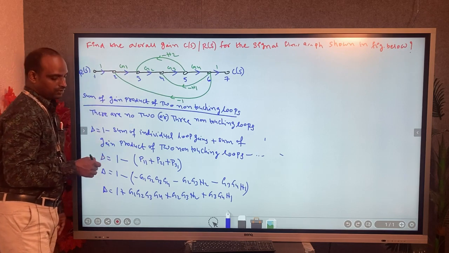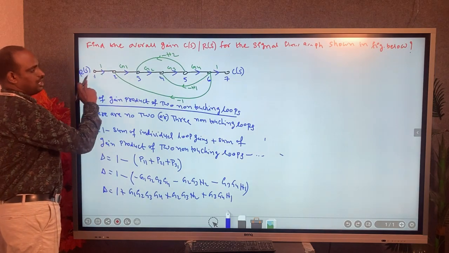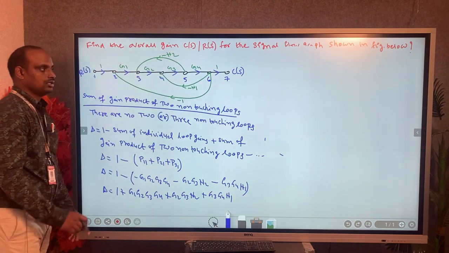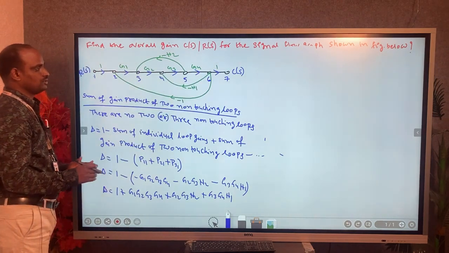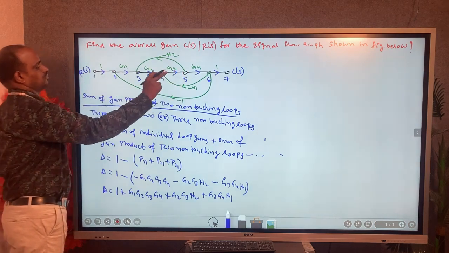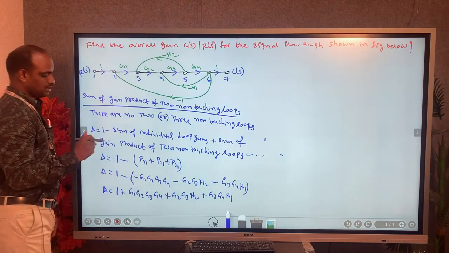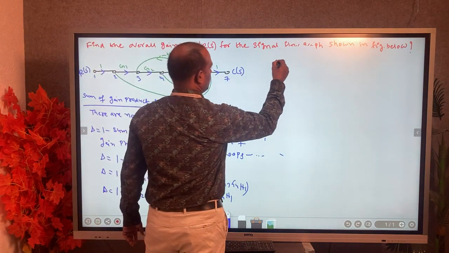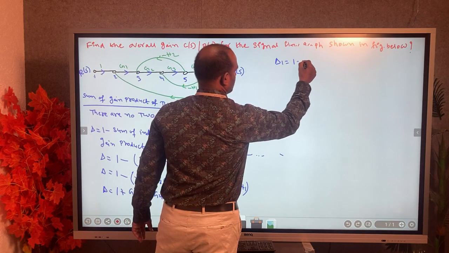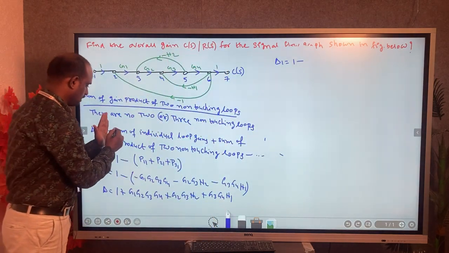What is the first forward path? All nodes are present: 1, 2, 3, 4, 5, 6, 7. So all nodes are covered, and there is no portion of the graph which is not touching these nodes. So delta 1 equals 1 minus the sum of individual loop gains, but there is no graph, so that portion is 0.